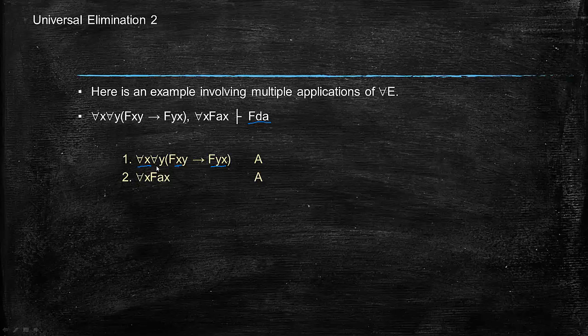Now, there's two possibilities here, right? There's A, and then there's also D. The question is, which one would really make the most sense here? Well, we know that we have this for all x, Fax, right?